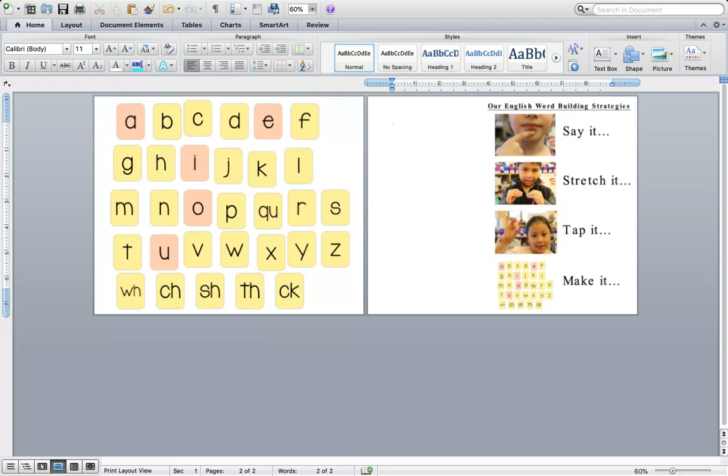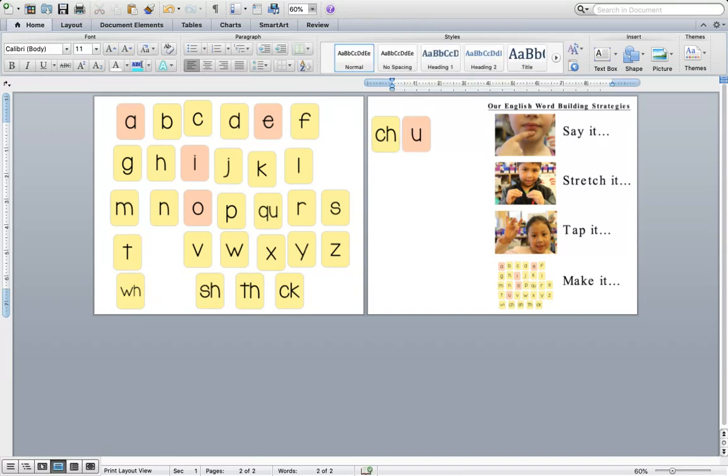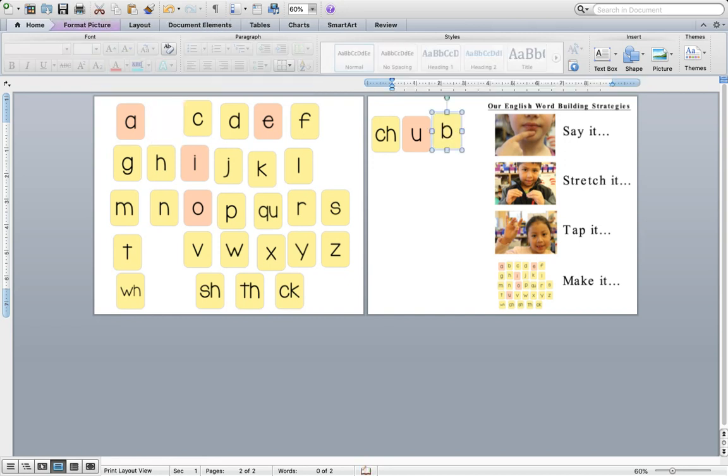Can you find the ch sound? Here it is. Ch. And how about the b sound? There it is. The belly is facing this way. Let's read it. Ch, b, chub. Let's clear the board.